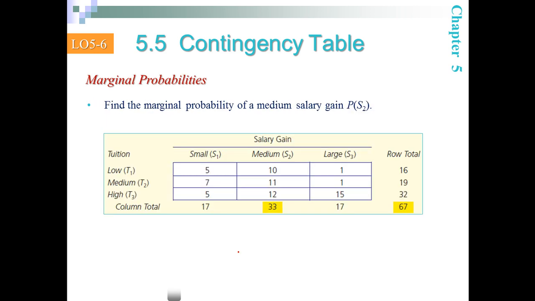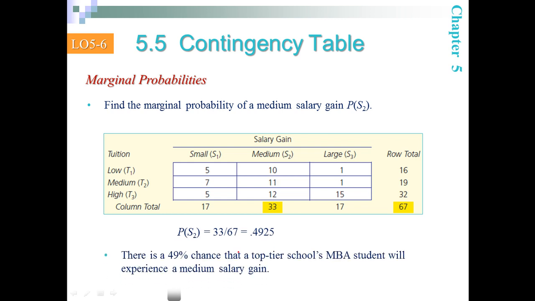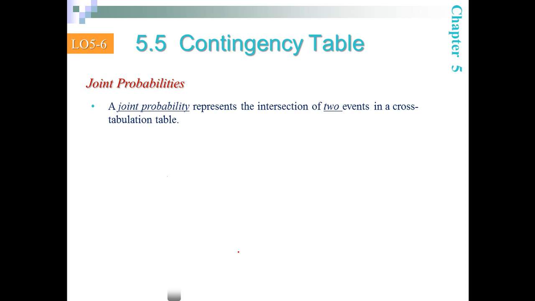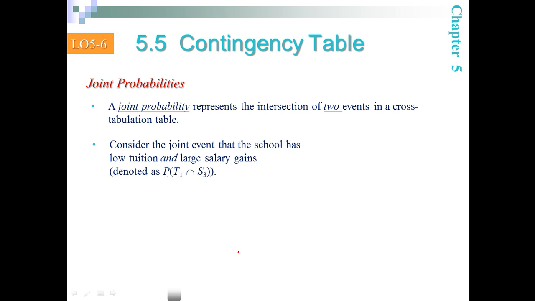And again, we can see that here by taking 33 divided by 67, and that's how we get the probabilities associated with this cross-tabulation or contingency table. Joint probability is the probability of the intersection of two events, and each cell in a cross-tabulation table represents a joint probability or an intersection.